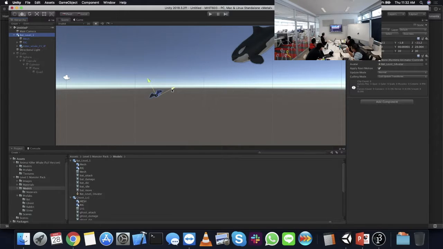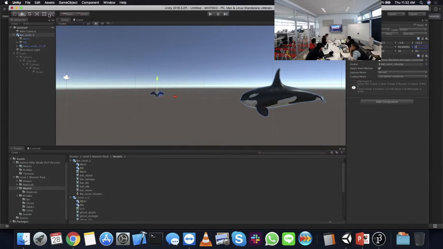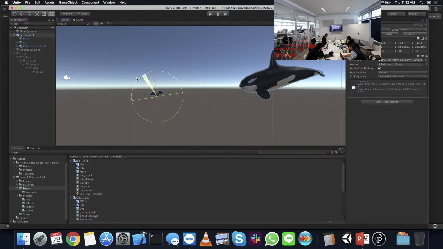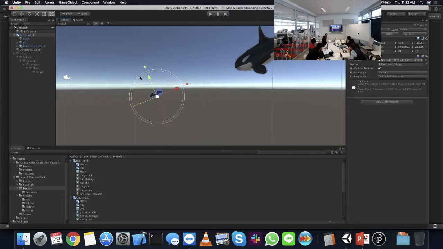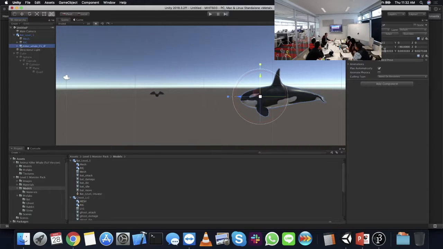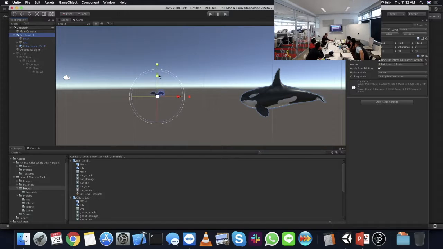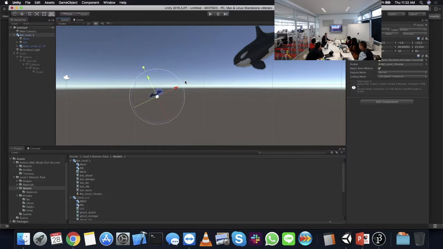You can see the bat's x dimension here. If I set that bat back to where it was before and rotate it, we can see the bat's x dimension changes its orientation as well. So when I say move the killer whale 0.5 units in the x of the bat, it depends on which way the bat is facing.